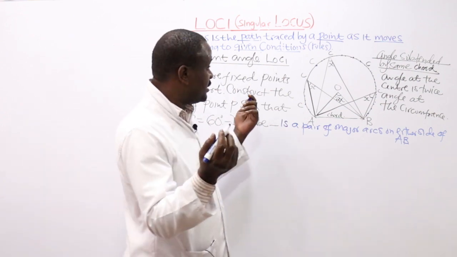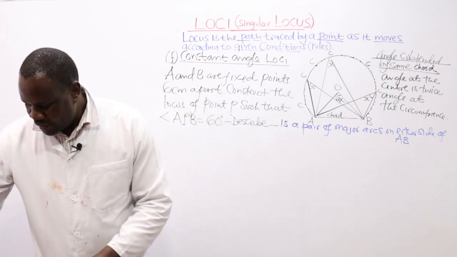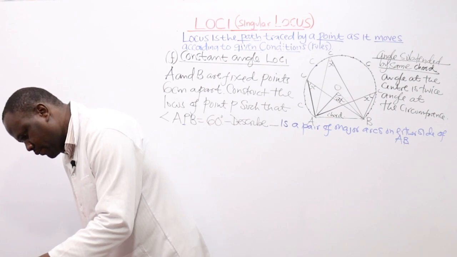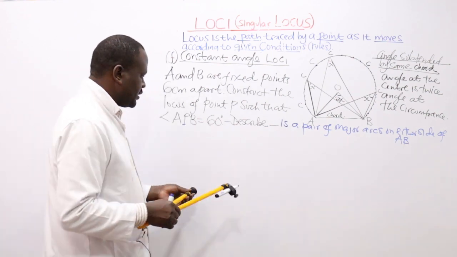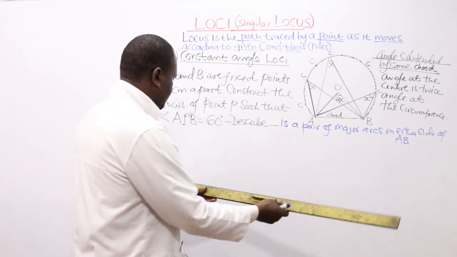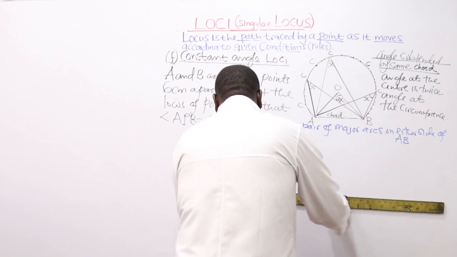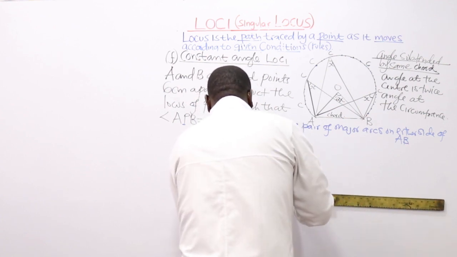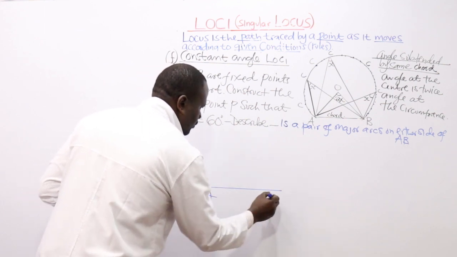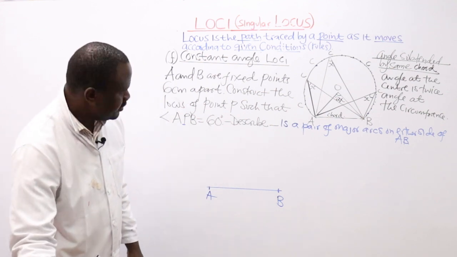So there are so many 60s. All we have to do is measure 6 centimeters, assuming you have measured 6 centimeters.